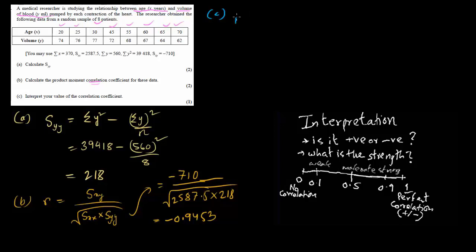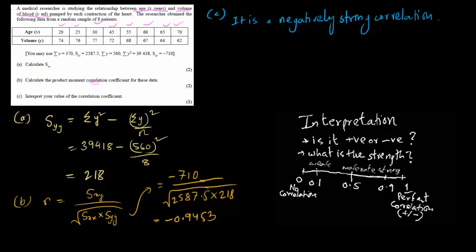So we can write it is a negatively strong correlation. So that's the first thing. The next thing you have to write down, you have to write down the thing in context, as inversely proportional happens, how it works.